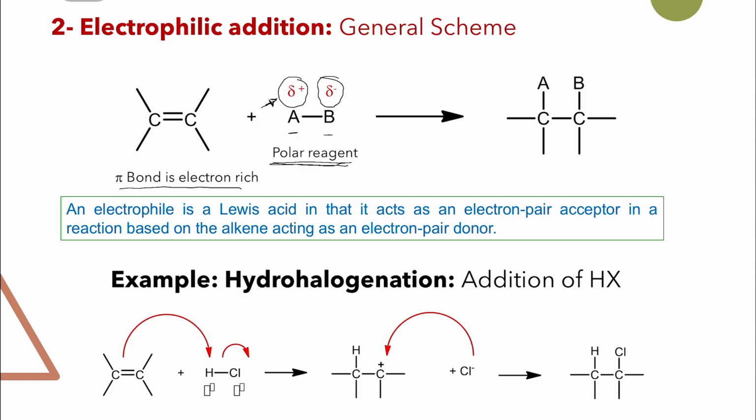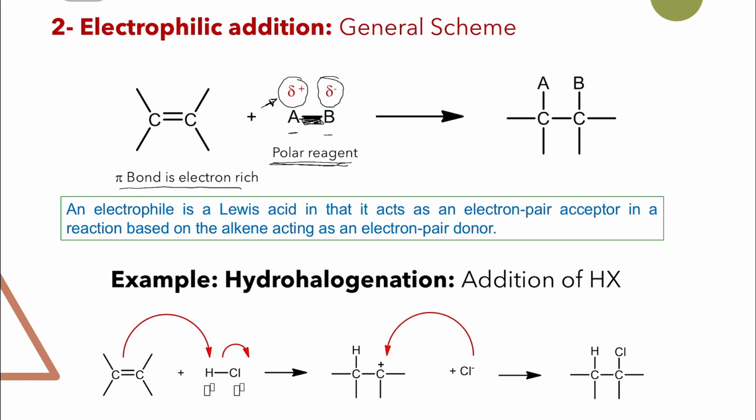It's not completely positive and completely negative. What do we mean by partial? It means that the bond between A and B still exists. It's not broken, but the electrons have more tendency towards B than A. This is why B has a partial negative charge and A has a partial positive charge.